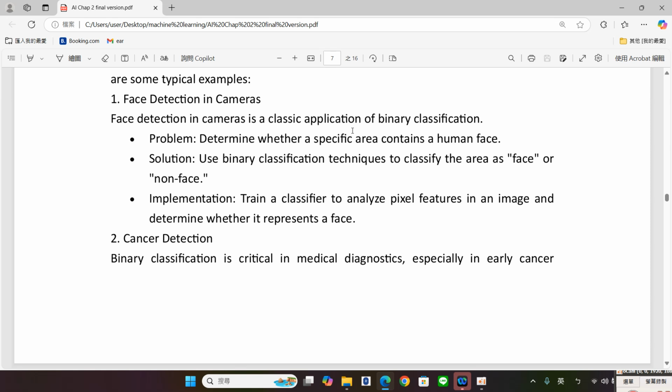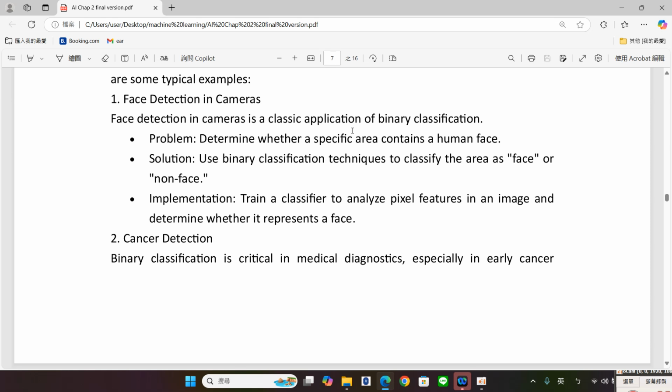The problem is determining whether a specific area contains a human face. The solution is to use binary classification to classify the area as face or non-face. Implementation: train a classifier to analyze pixel features in an image and determine whether it represents a face.